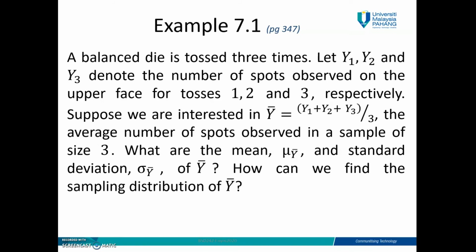So the question asks, what are the mean and standard deviation? In order for us to find the mean of y bar, we denote it like this: mu sub y bar and standard deviation sigma sub y bar of the sample mean distribution. So how can we find the sampling distribution of y bar?